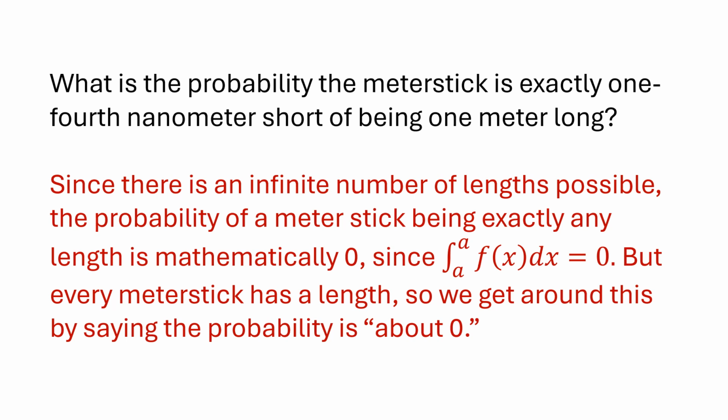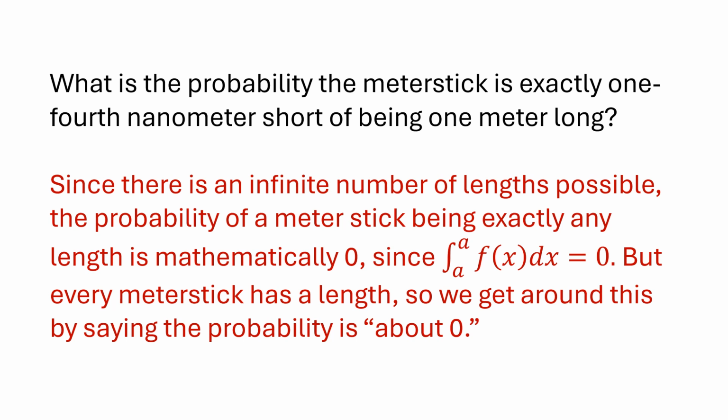Well, we're now at the interesting question. What is the probability the meter stick is exactly 1/4 nanometer short of being 1 meter long? This is a very peculiar situation that comes up, in that the integral from a to a of any function dx, as long as the function can be integrated at that point, is 0.